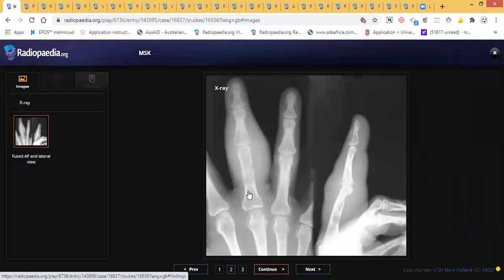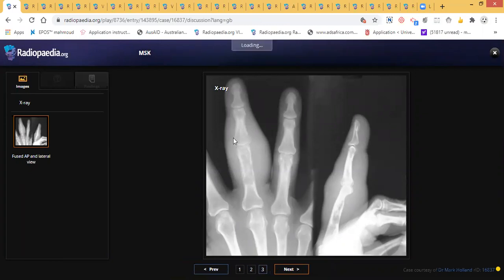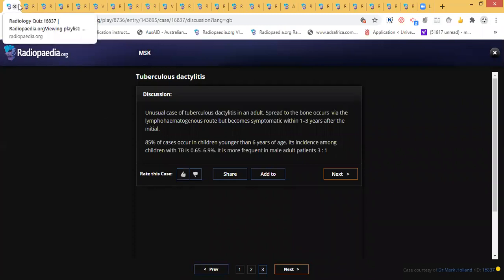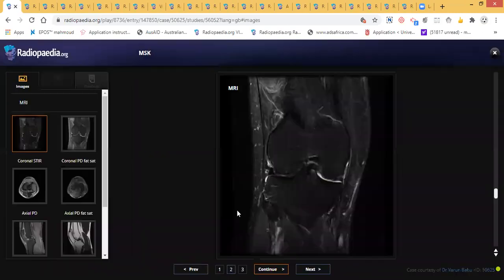As you know, enchondroma should have some, and maybe we don't have this appearance. Osteomyelitis, very good differential. So this one is TB dactylitis, which should not be common, but yes, it can happen. So the infection in general, and again sarcoidosis.